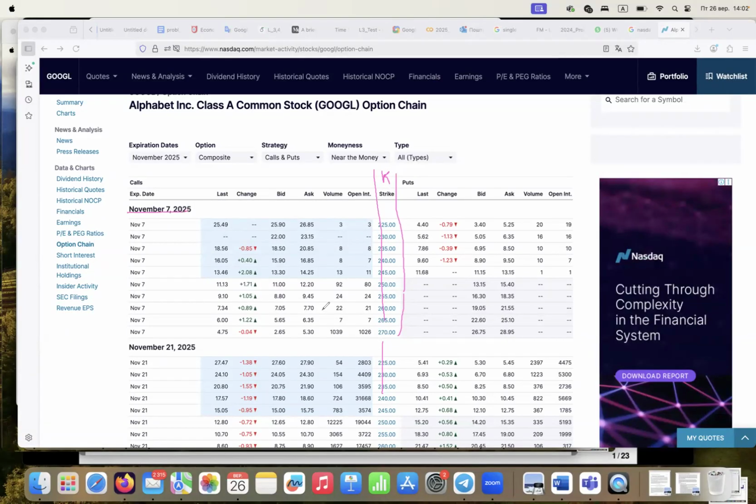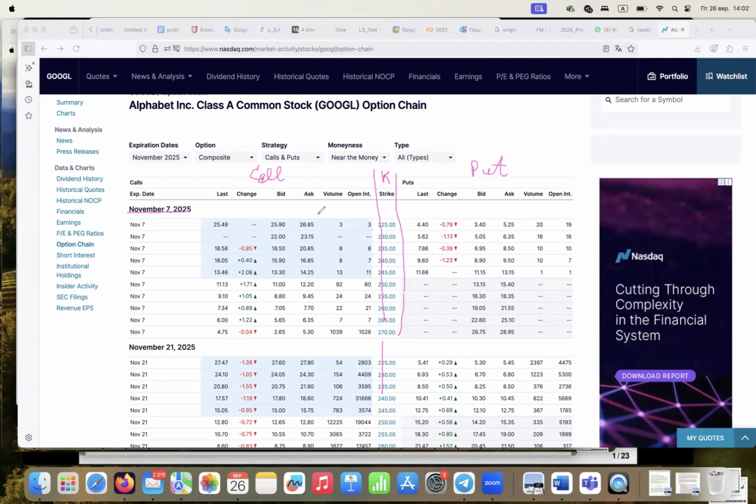And the left side is call option, and the right side is put option. Okay, call, and this is for put.